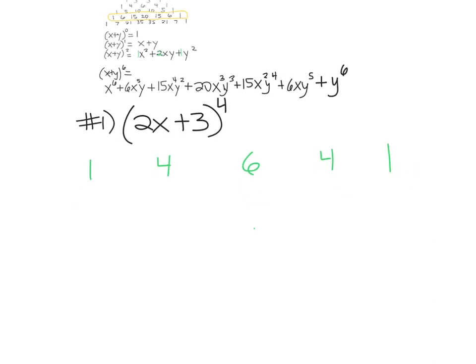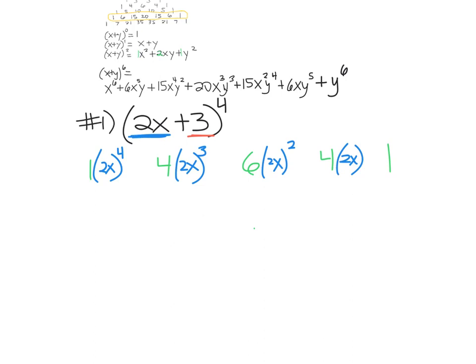Then I'm going to take 2x, which is like the x, and 3 is like the y when you're doing x plus y to the 4th. So 2x is going to be to the 4th power, then the 3rd power, then squared, then to the 1st power, and then nothing.